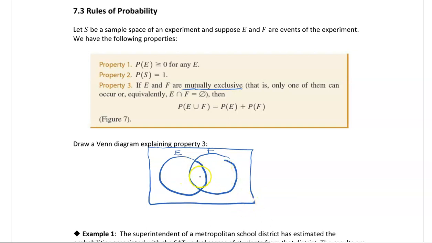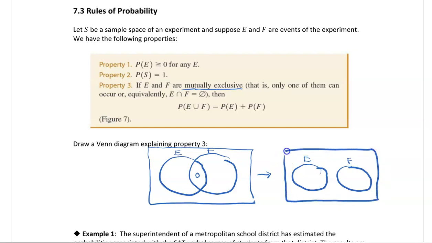Now, this is not correct, because that shows them overlapping. If they're mutually exclusive, there's nothing in the overlap. So we should actually draw it like this: we have event E and event F, and they do not overlap. This is what mutually exclusive sets look like.